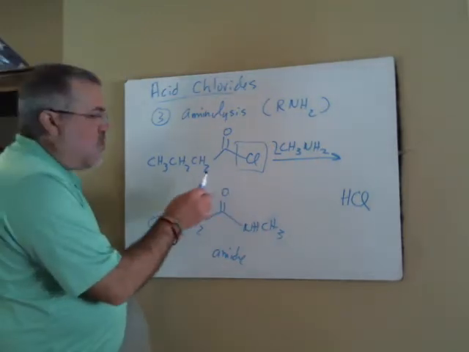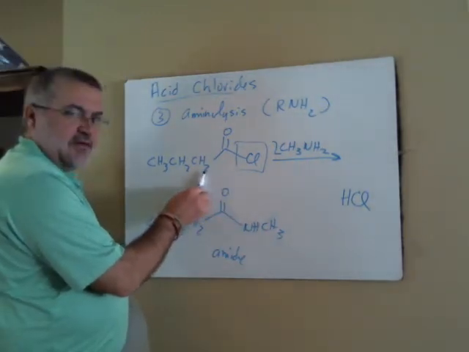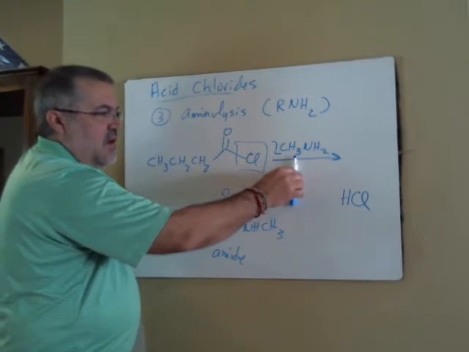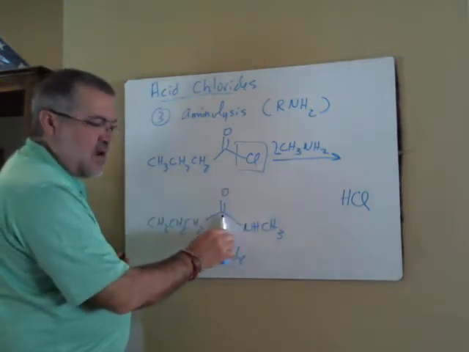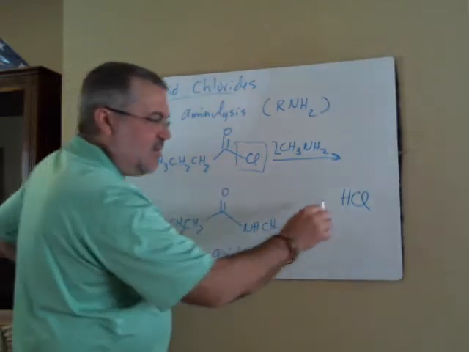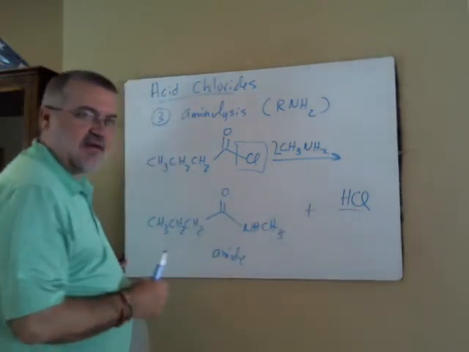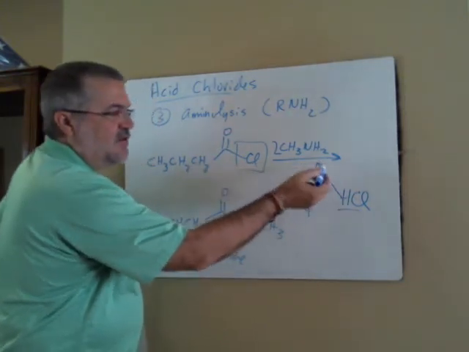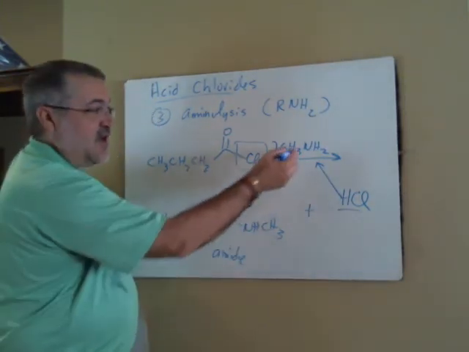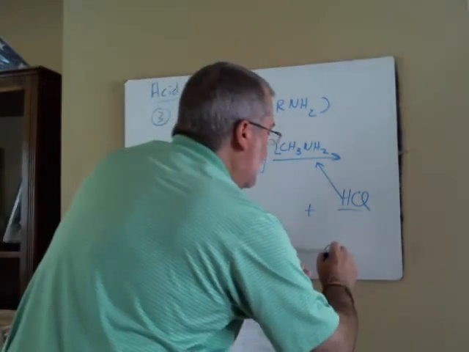Okay, so you have one molecule of acid chloride react with one molecule of methylamine, and you form one molecule of this, plus a molecule of HCl. Well, that molecule of HCl is going to interact with a molecule of the amine.